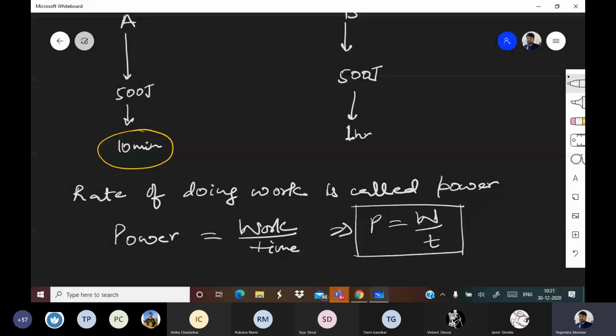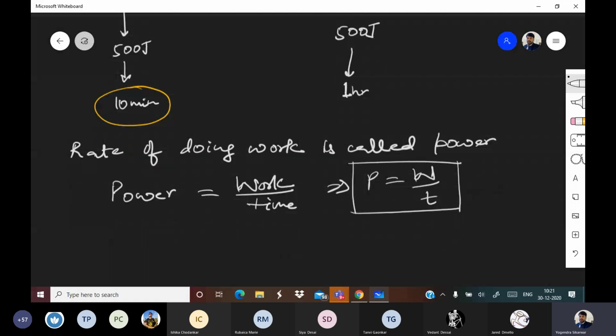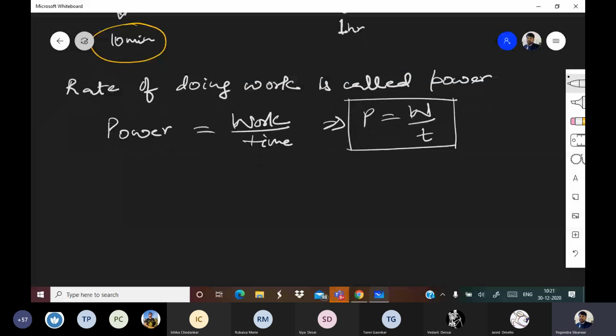Please note. Now as we know that work is a scalar quantity, time is also a scalar quantity, so power is a scalar quantity. What is the SI unit?